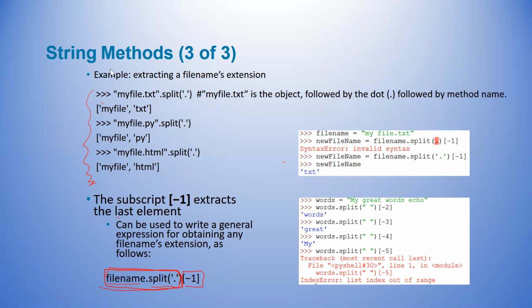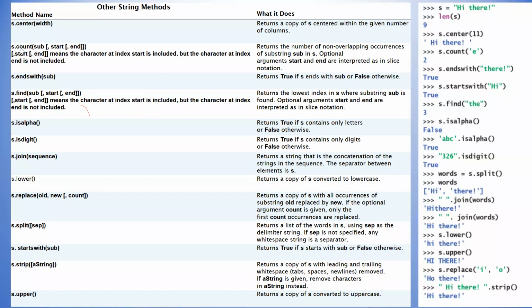So let's look at the other string methods, okay? These are some of them. I'm giving you an example for each one. So let's look at this. The first one is center. Remember, S is simply the string variable, right? The object dot center. Width, what's the width?